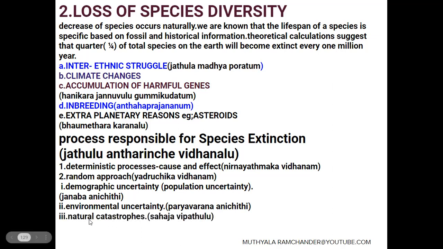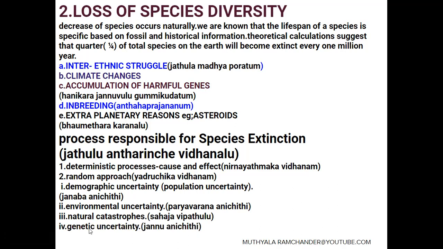And the third one is natural catastrophes. Natural catastrophes means natural heavy winds, heavy rains, earthquakes. By these catastrophes, some species are destroyed, meaning they become extinct from the diversity. And genetic uncertainty.